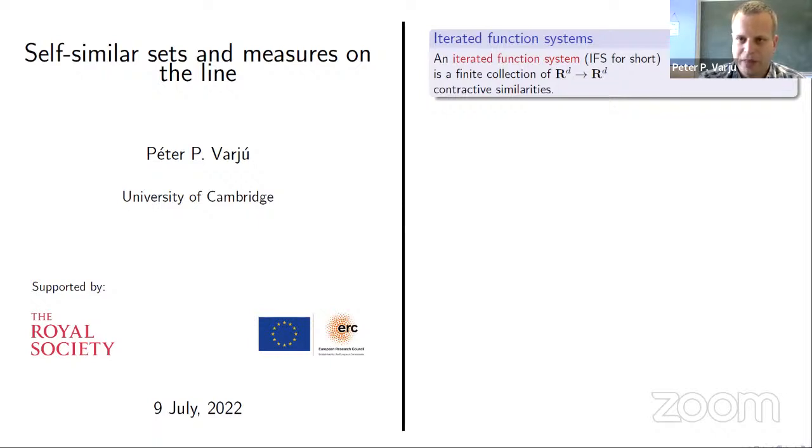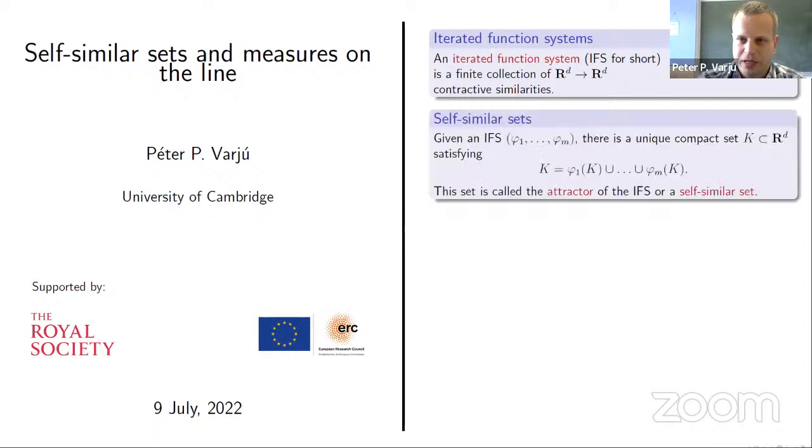That's a similarity. And so if you have an iterated function system, denoted by phi_1 up to phi_m, the maps, then there is a unique compact set K such that it is precisely the union of the images of the set under these maps.